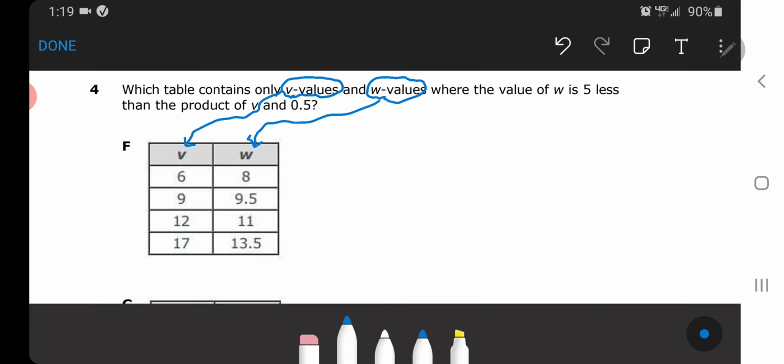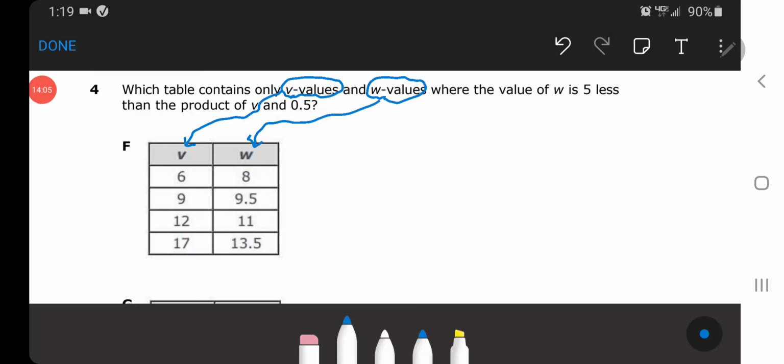Okay, so where the value of W is 5 less than the product of V and 0.5. All right, so we need to translate this real quick into a mathematical sense. So where the value of W is 5 less than the product of V and 0.5. So we're going to have, 1 second, make sure I write this correct.